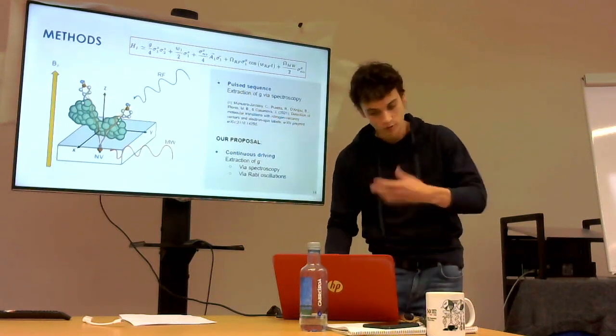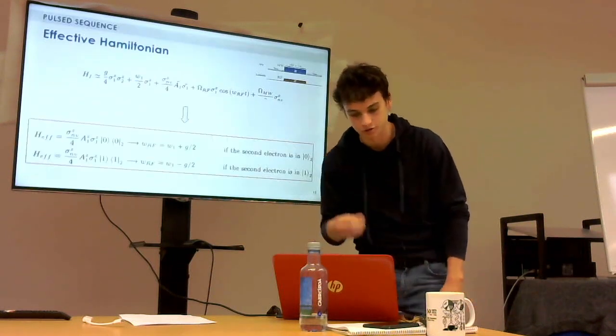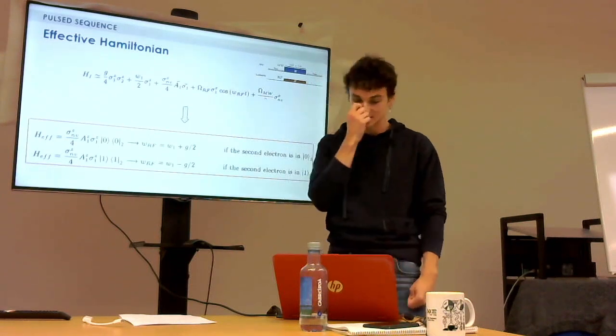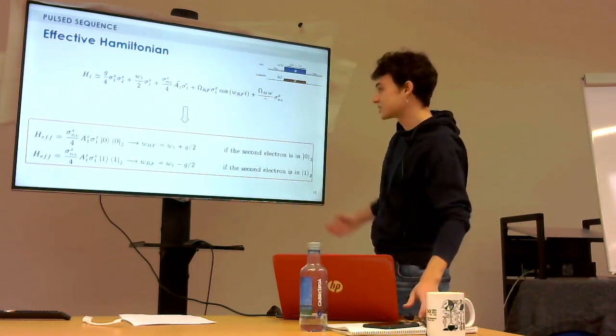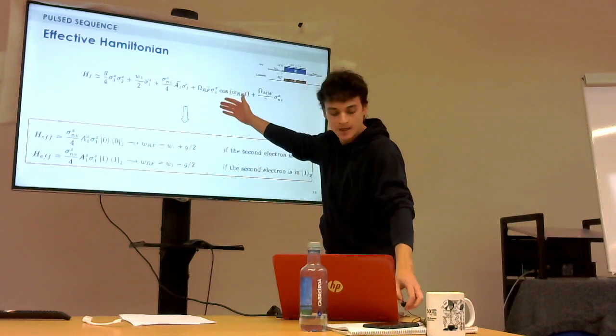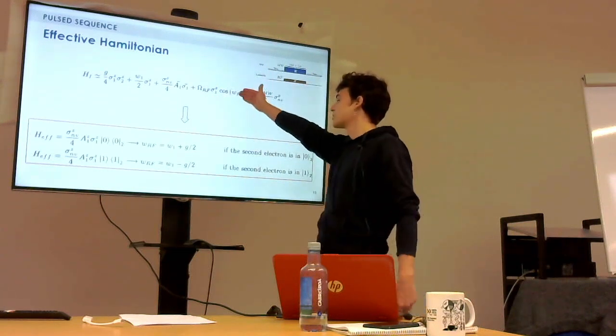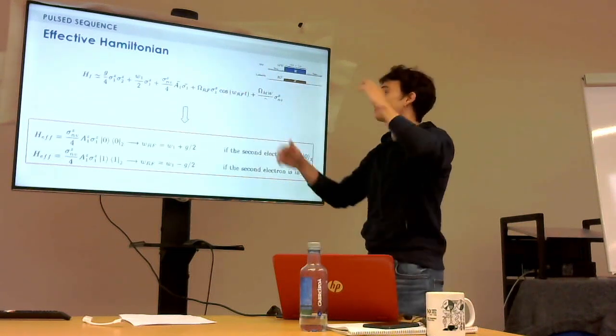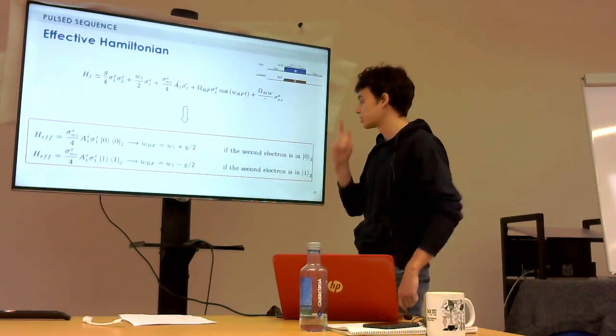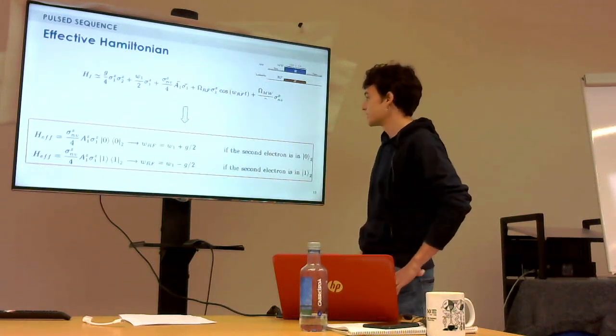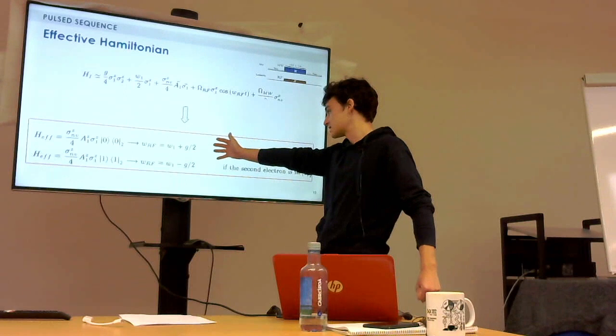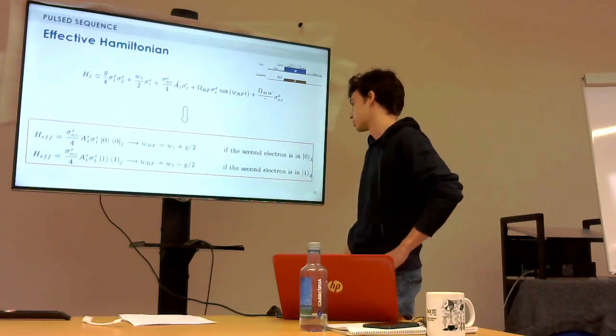All right, we'll see this later, but now let's introduce this pulsed sequence in more detail. So we start again from the same Hamiltonian, and by working a little bit with this, going to some interaction pictures and taking some rotating wave approximations, we get to these conclusions over here.